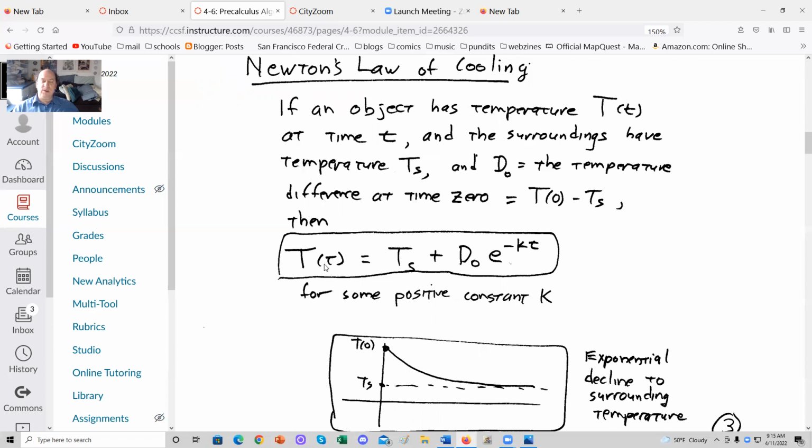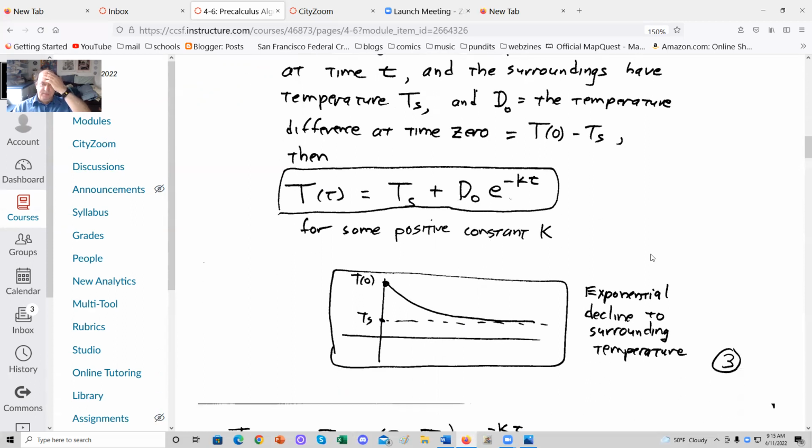So the temperature at time T is the stable temperature, TS, plus D naught, a constant, times e to the negative KT, for a positive constant K. And D naught is the difference between T of 0 and TS. So the difference between the temperature of the cup of coffee and the room decays exponentially.